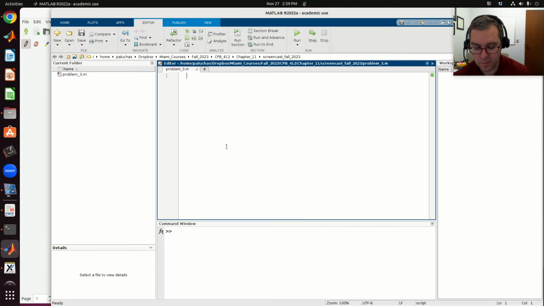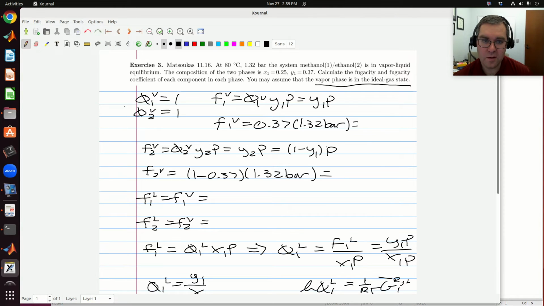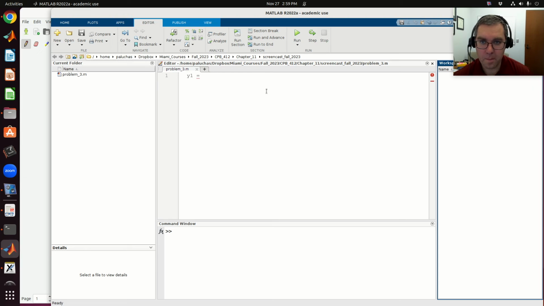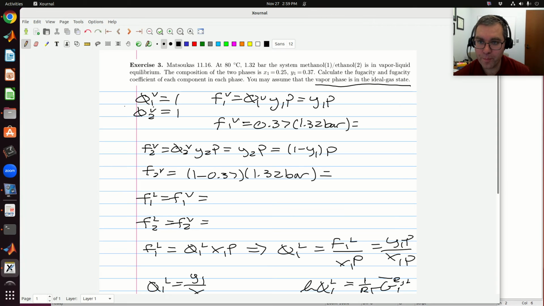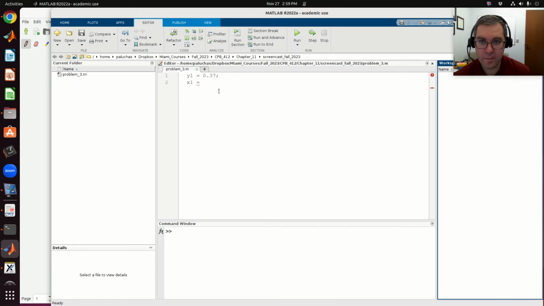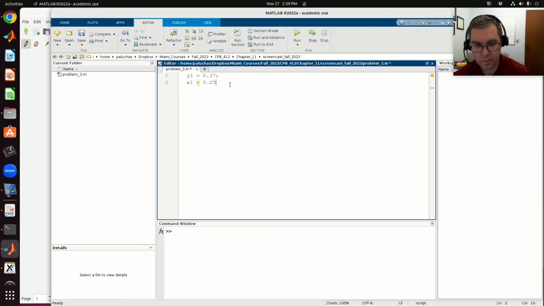Okay, we're given y1 is equal to 0.37, x1 is equal to 0.25. So y2 is going to be 1 minus y1, and x2 is equal to 1 minus x1.